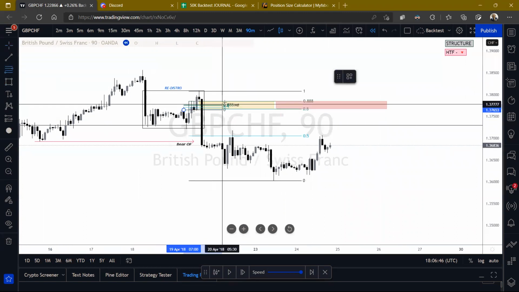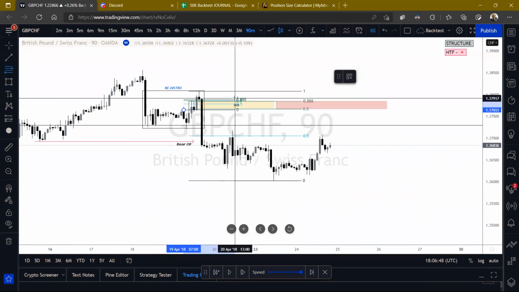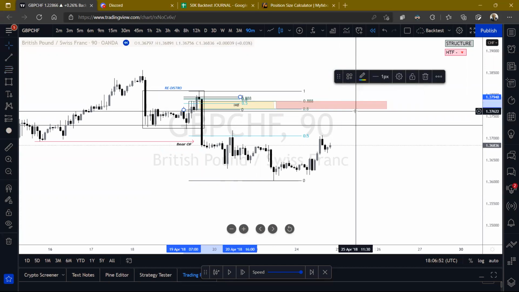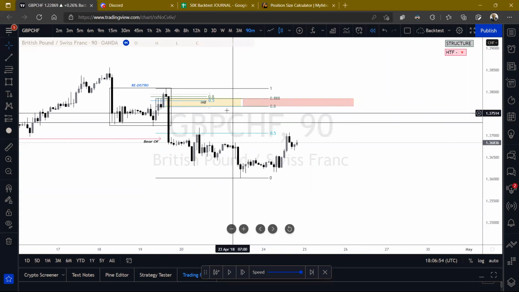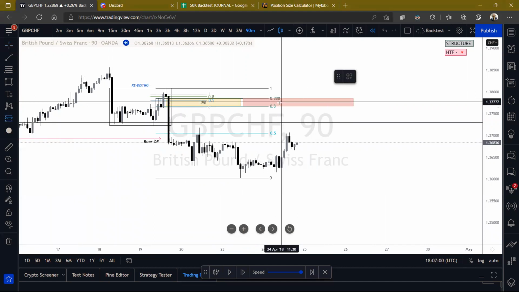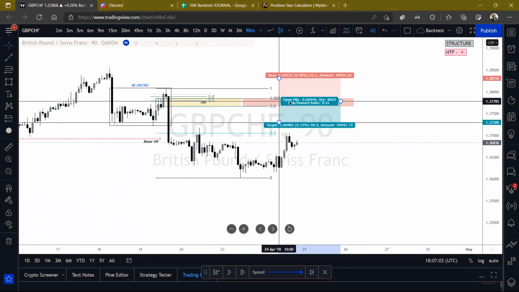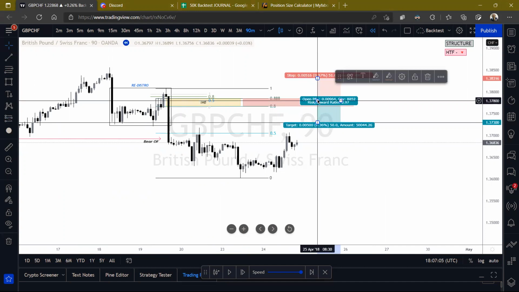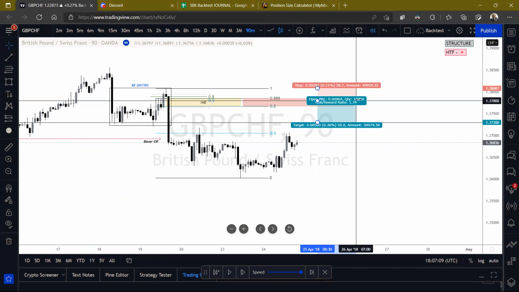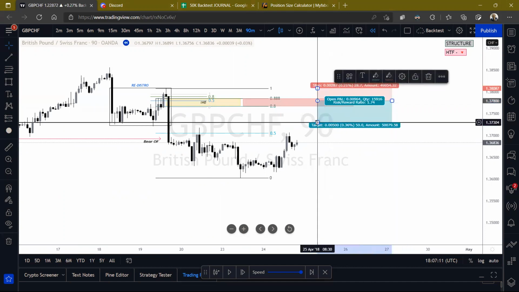And then if we do that, we can see that 50% of that candle lands up there. So this for me is confluence.